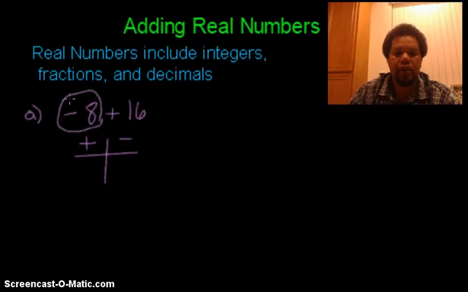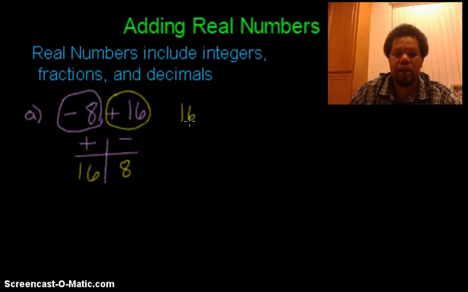So in this case, we have a -8, so the 8 will come over here on the negative side. The 16 has a positive sign in front of it, so we put the 16 on the positive side. If they are on different sides, that means we do subtract these two numbers. Just 16 take away 8.